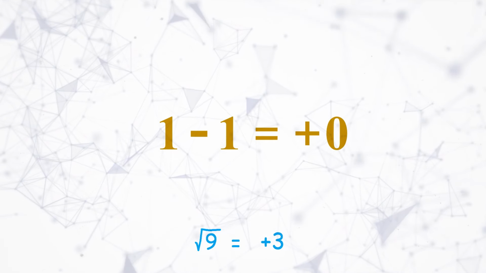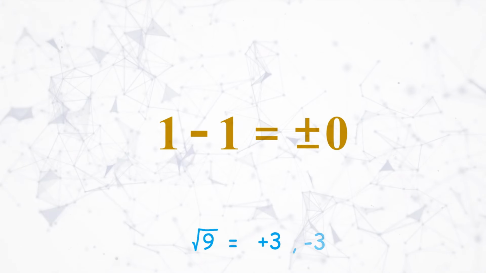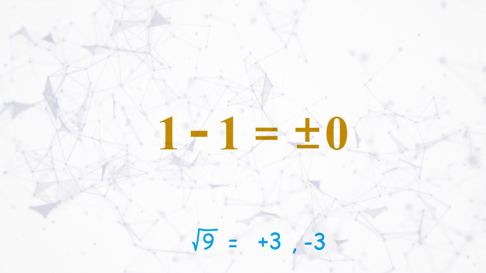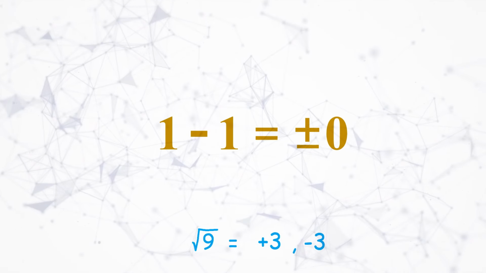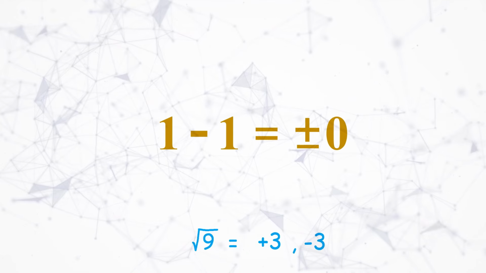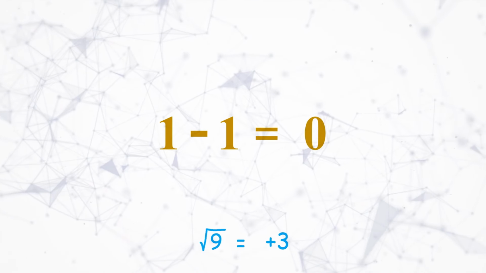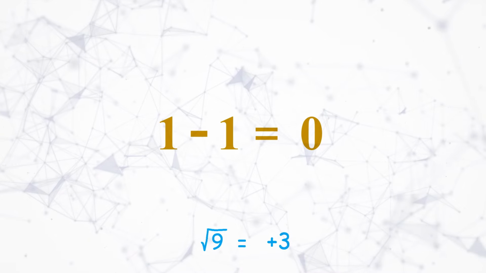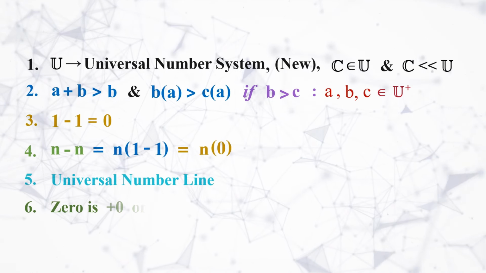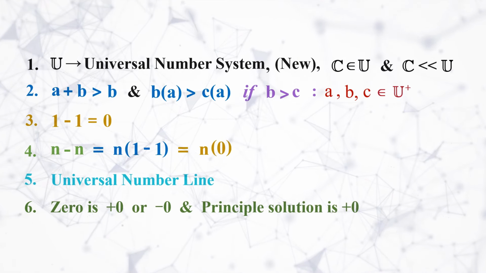But again, the actual solution of root 9 has two possible solutions, plus 3 or minus 3, where its actual sign can be confirmed if there is any boundary condition equation. The same applies to equations and operations that lead to 0 too. Without any boundary condition equation, the principal solution of 1 minus 1 is equal to plus 0. Hence, this is the sixth point: 0 is either positive 0 or negative 0, and the principal solution is plus 0.